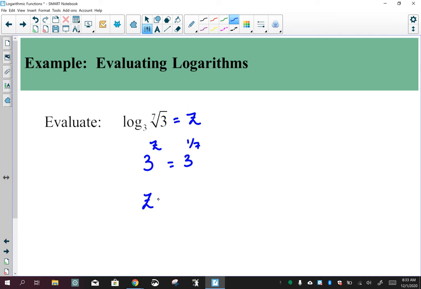So that means my z is equal to 1/7. All right. So when you're trying to evaluate, the key thing to remember is that you need to bring in your favorite letter so you can represent your exponent. What you're basically doing is solving for the exponent for these logarithmic functions.